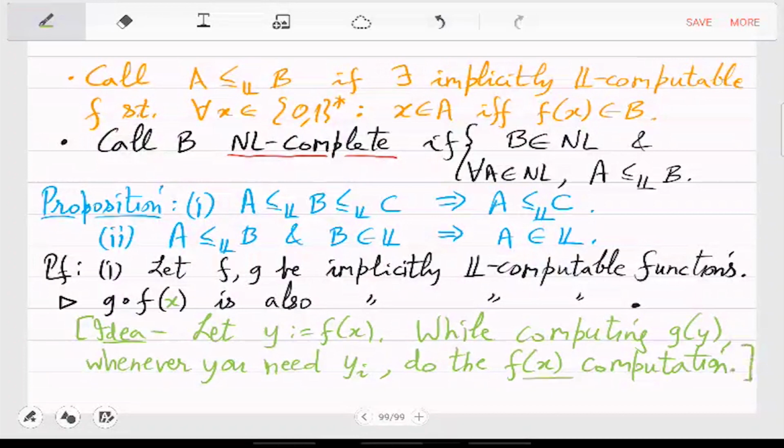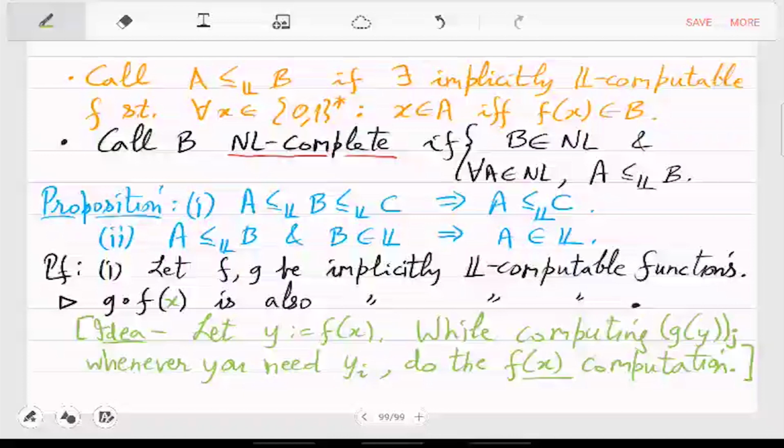So you think of computing a bit of g of y, and while computing the jth bit of g of y, whenever you need some bit of y, let us say y_i, then you do the f of x computation for finding that bit. Okay.